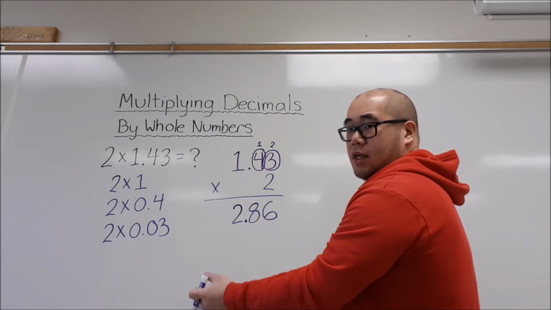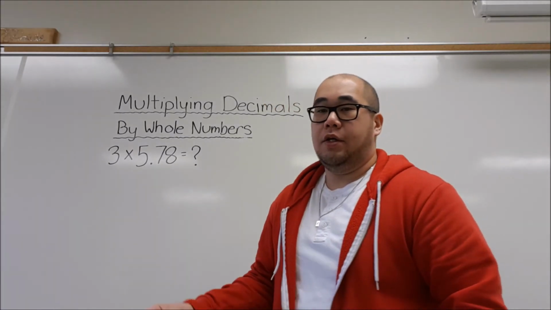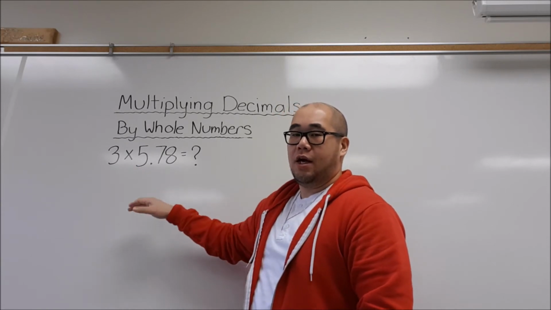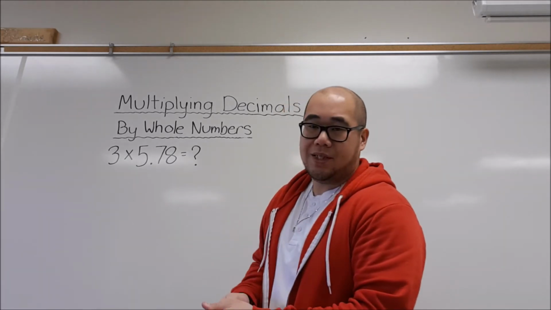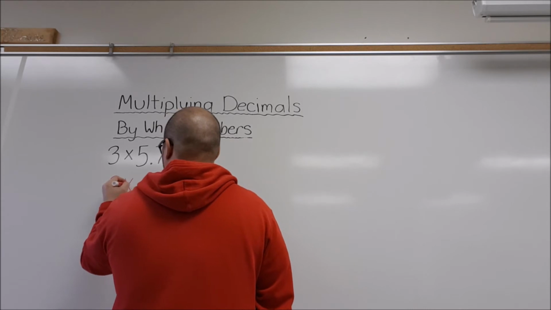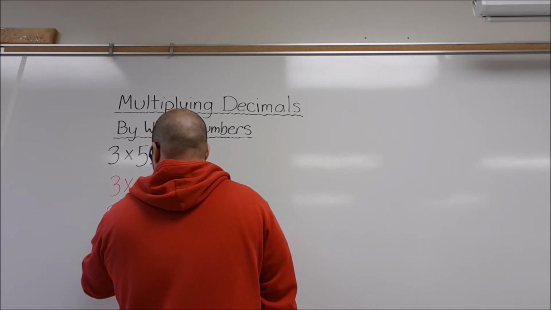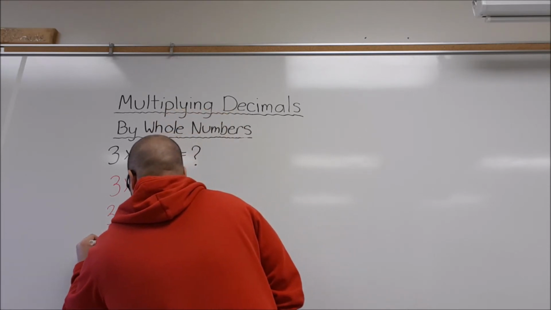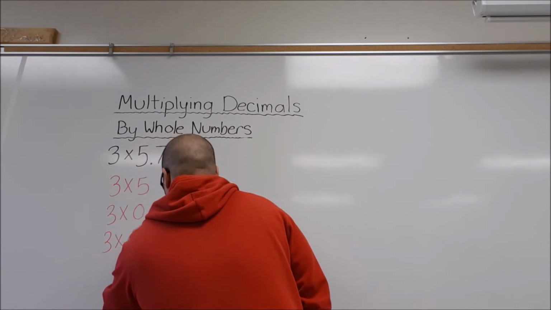I'm going to erase this, and I'm going to put another example up on the board to show you guys. All right, here is our other example, 3 times 5.78. Again, I'm going to write this out in 3 parts to show you what this exactly means. It's 3 times 5 and 3 times 0.7 and then 3 times 0.08.